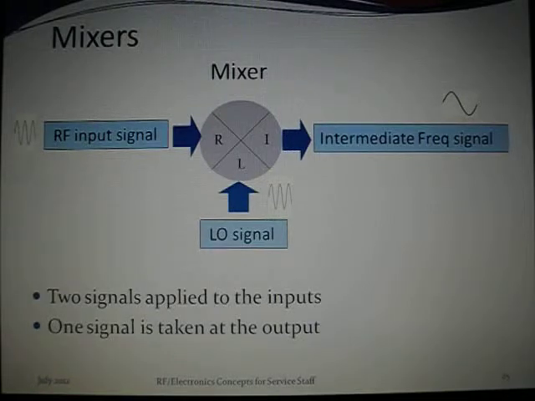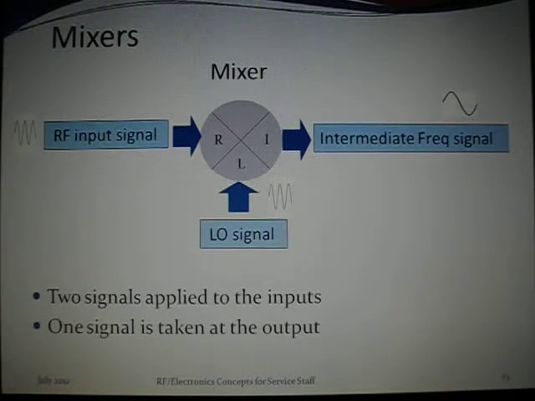Mixers. Mixers are used in a wide variety of receivers, from radios and televisions to satellite communication systems. One of the most common uses of a mixer is to convert a signal of one frequency to another frequency. Mixer circuits are often called converters. The typical mixer configuration is shown in this slide. The received RF signal is applied to one of the mixer's inputs. A signal from an RF oscillator, usually called a local oscillator, is applied to the other mixer input.